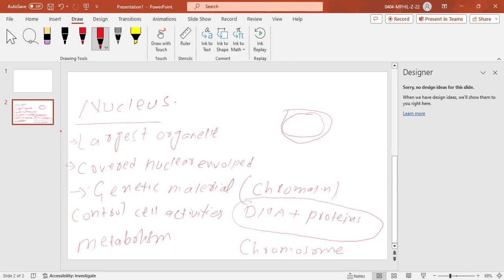If you are breaking it into glucose, it means you are catabolizing. If you are combining sugar molecules like glucose to form larger ones like starch or glycogen, you are doing anabolism. This is how all these and many other functions work.